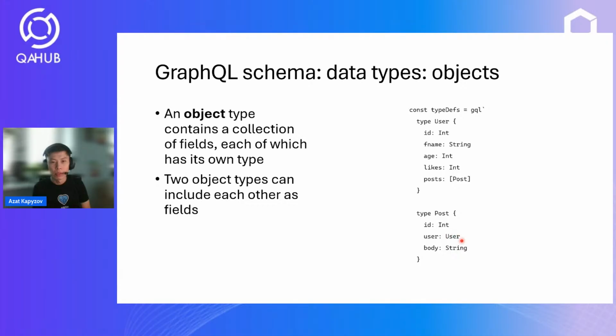But user contains some other fields in it, right? Like ID, name, age, likes, etc.